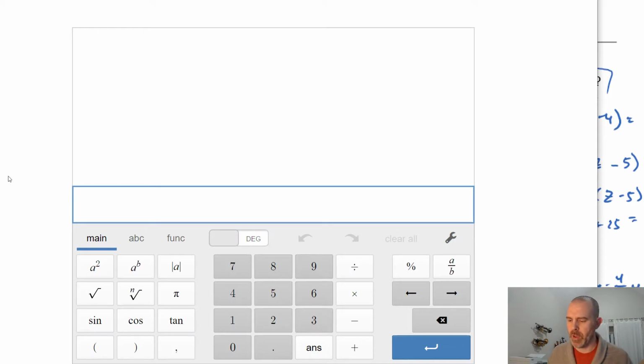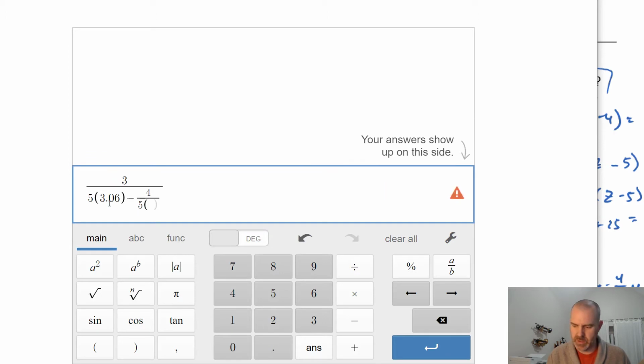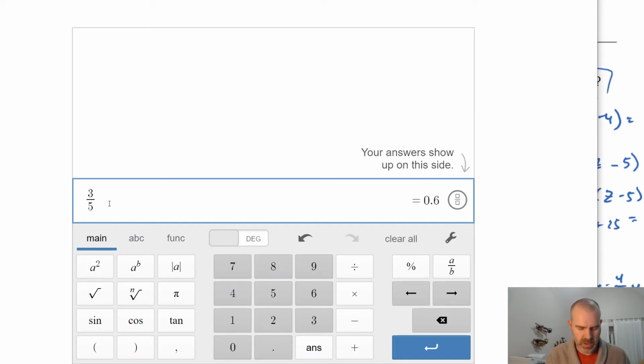All right, let me open up a quick scientific calculator here in Desmos, and we have 3/5 times 3.06 minus 4/5 times negative 3.92. So we get 4.972.